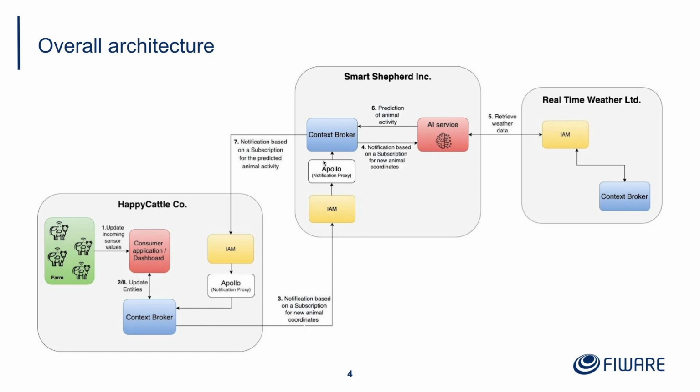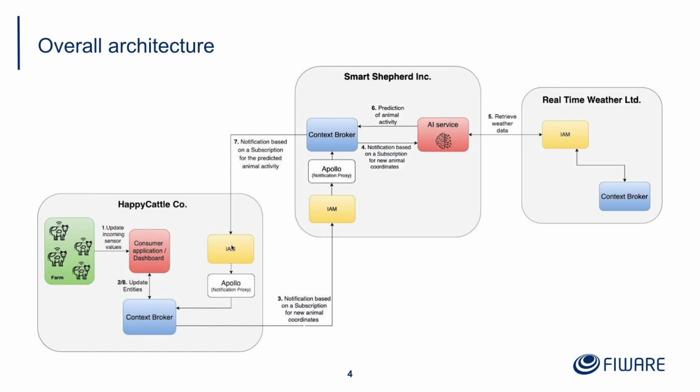This is basically how this workflow is going to be repeated in an automated way, and it's always going to start whenever there is a new animal coordinates update in the context broker of Happy Cattle.